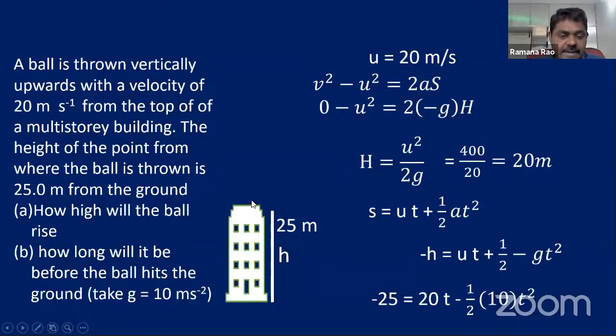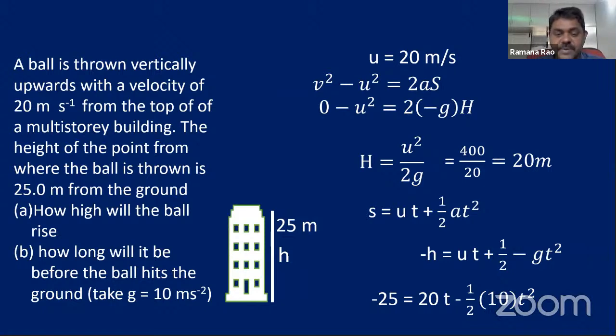The initial point is the top of the building and the final point is the bottom of the building, so the body traveled in downward direction. Downward direction is negative because the body is moving upwards initially. So s is minus h.